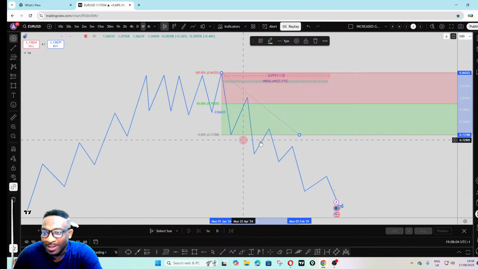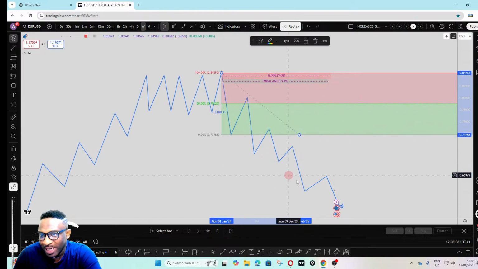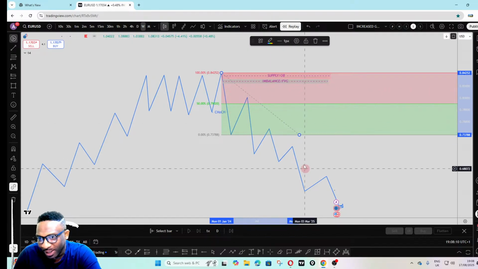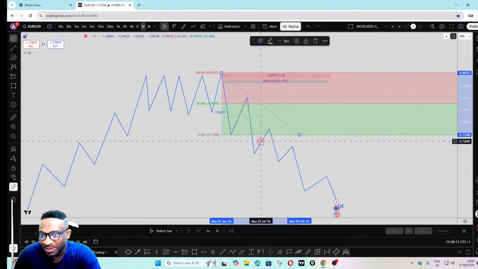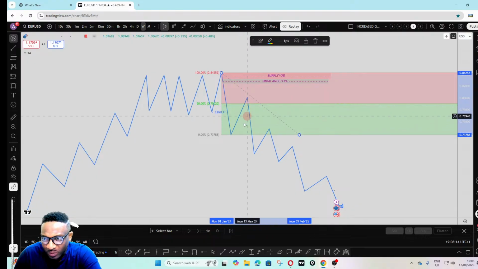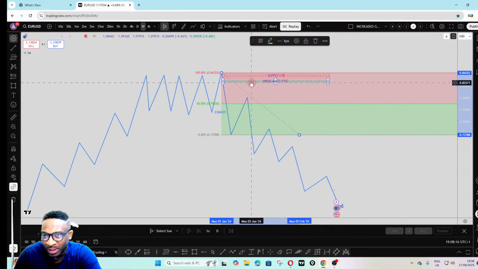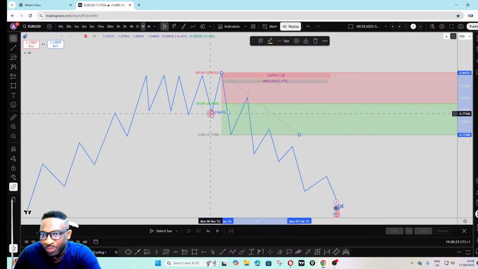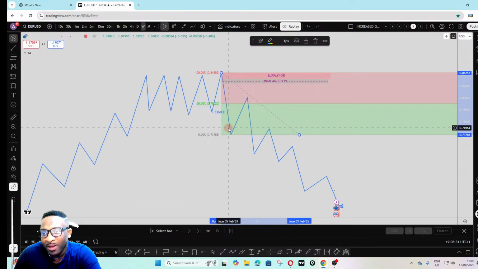In the same way, this is a change of character to the downside, so we want to sell the market. If we want to sell the market, we don't want to do it at the discount area. We want to sell from the premium side, which is upward above the 50% here. This is where we want to take our trade if we want to sell. With this change of character, we want price to make a retracement to this zone.